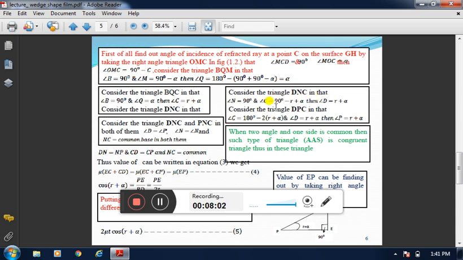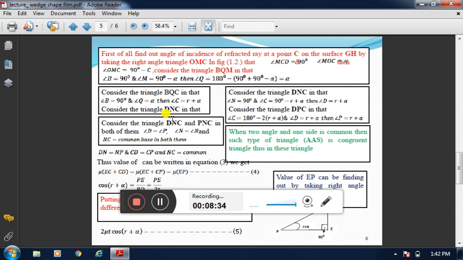Now let's consider triangle DPC. Angle C is equal to 180 minus twice (r plus theta). Then angle D is equal to r plus theta, and angle P is equal to r plus theta. Dear student, from triangles DNC and PNC, angle D is equal to angle P, angle N is equal to angle N, and NC is common.